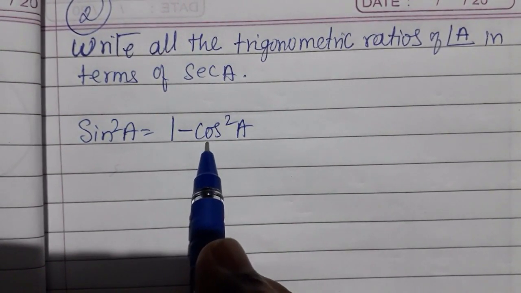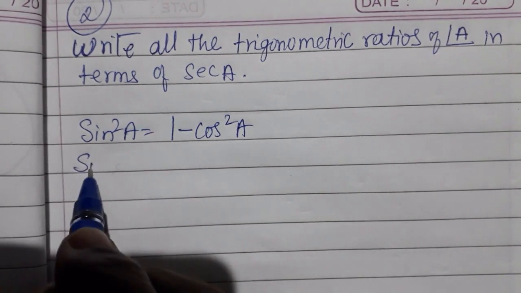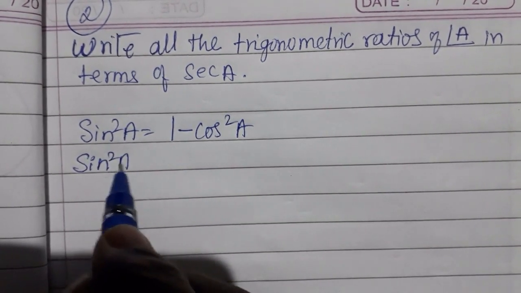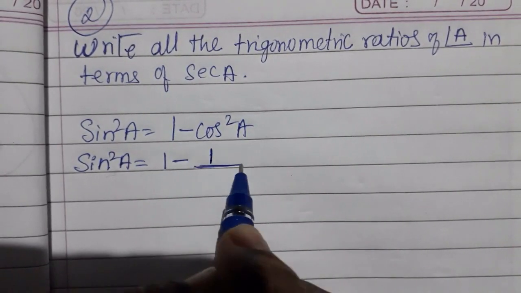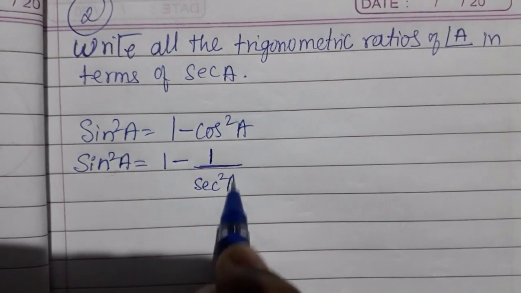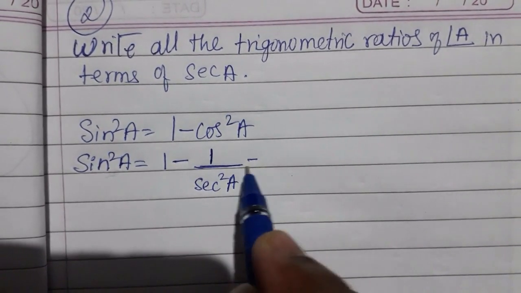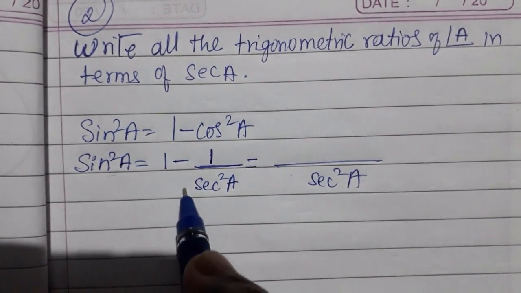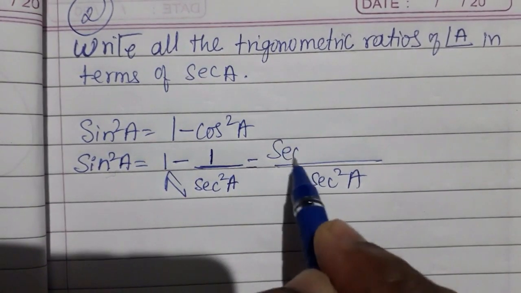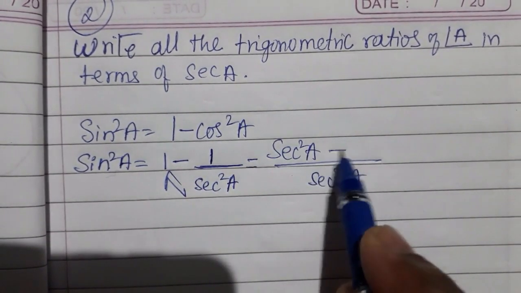Cos square A is the reciprocal of secant square A. So therefore I can write sine square A is equal to 1 minus 1 by secant square A. Now take the LCM. Secant square A is the LCM. Cross multiply: secant square A minus 1.